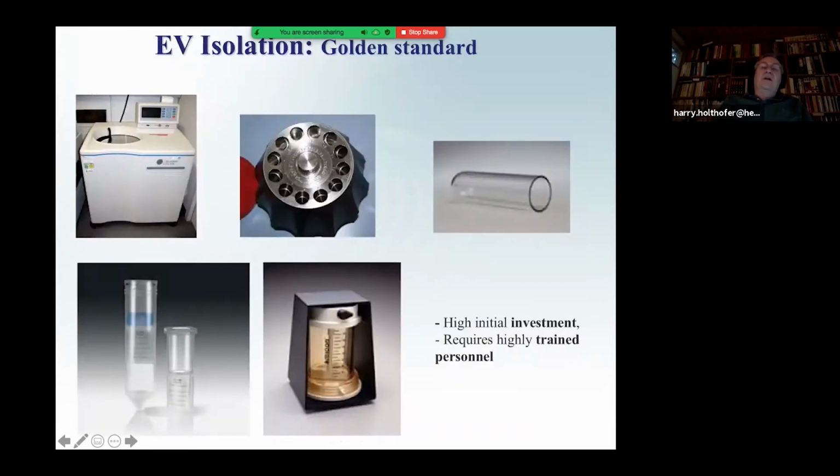And we all know that serial centrifugation is and will remain, I guess, the golden standard for a good time to come. But again, these familiar gadgets here are high in initial investment costs, and of course they also require highly trained personnel to run those samples. Otherwise, they are dangerous weapons.